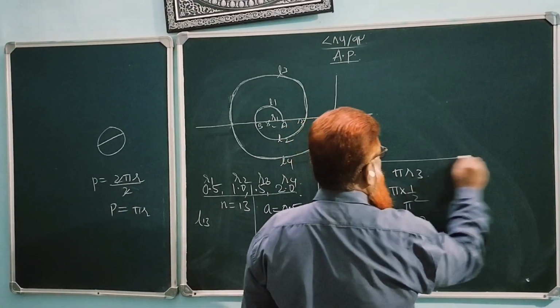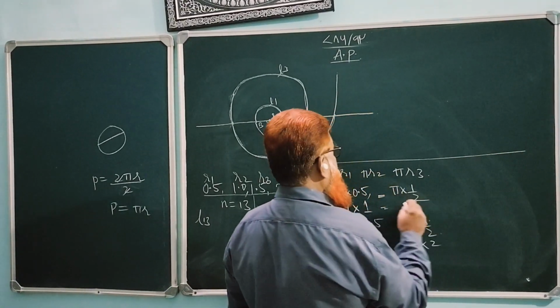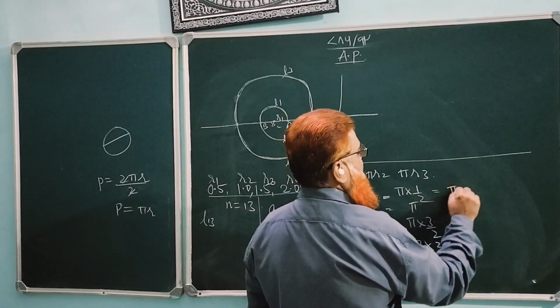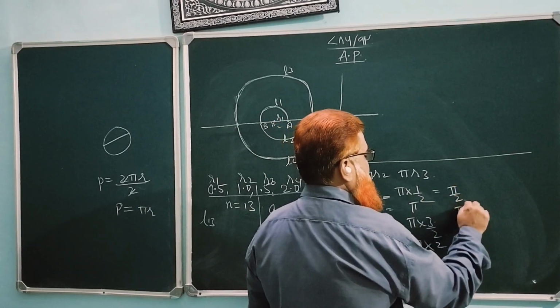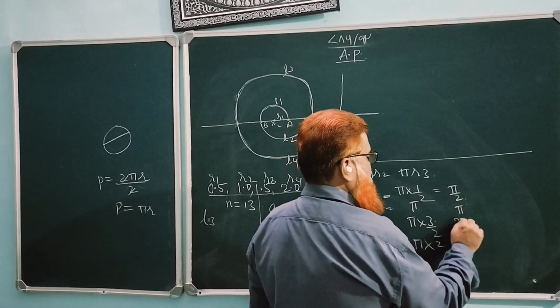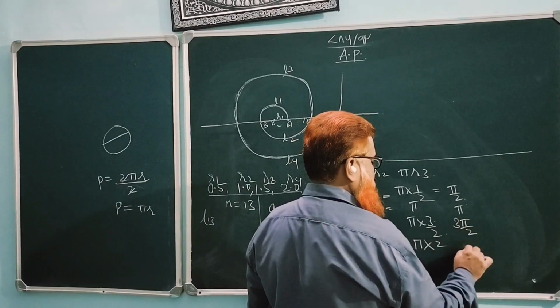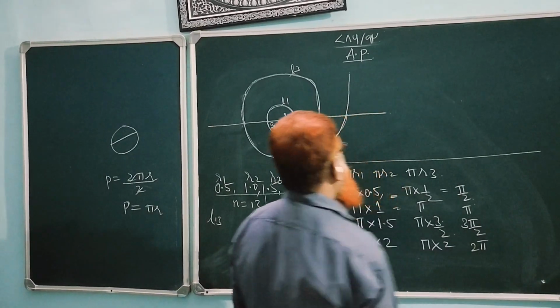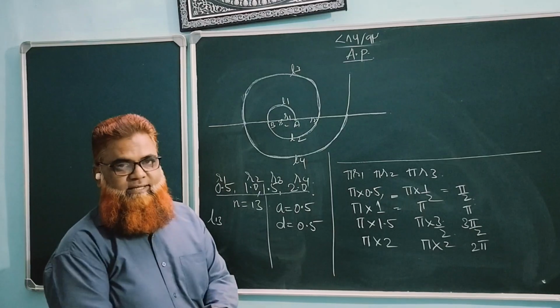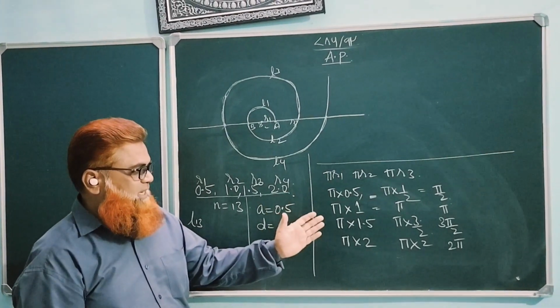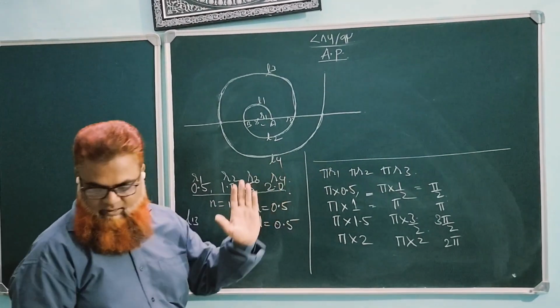I am going to write it like this: pi by 2, pi, 3 pi by 2, and 2 pi. This is the way we have calculated the terms of the AP.